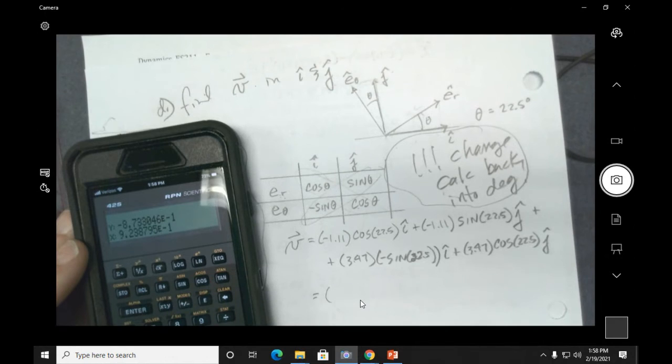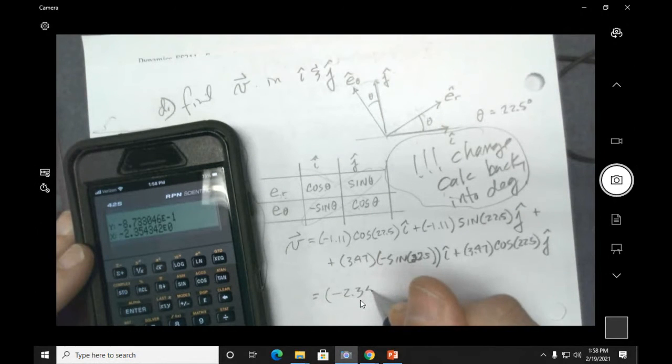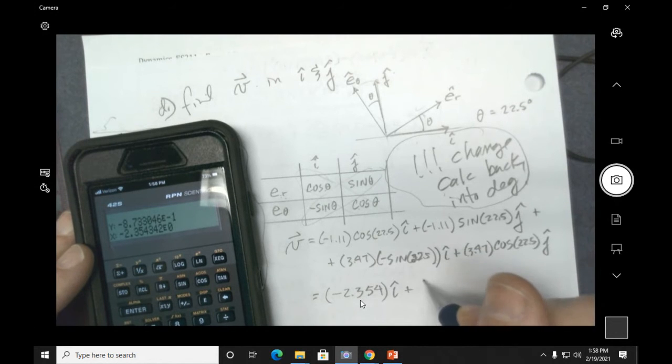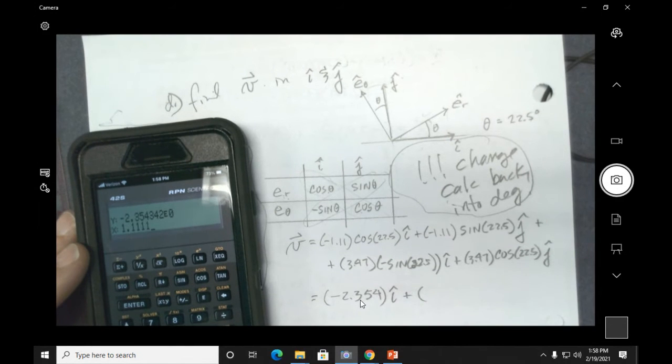22.5, and that should be negative. And then the 3.47, 22.5 sine, and this should be negative, so I'm going to subtract right there. So we get a negative 2.35 for i, plus 22.5, take the sine of it, multiply right there.